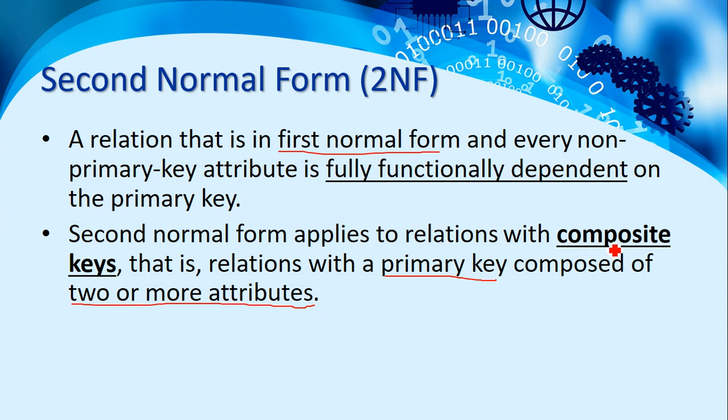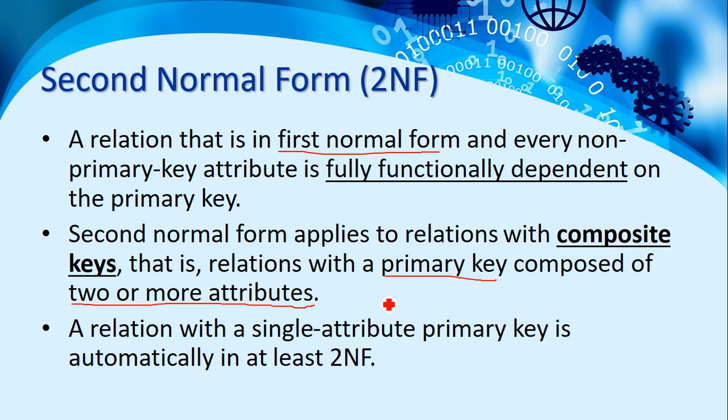A composite key is basically an attribute that's composed of 2 or more attributes.